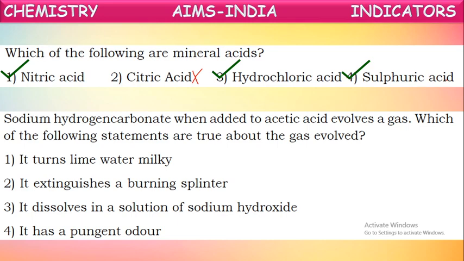On reaction with the acid, it forms salt and water. Along with these two, a gas is evolved. That gas is carbon dioxide. When metal carbonates and bicarbonates react with acids, they produce carbon dioxide gas. Now they are asking which statements are true about this carbon dioxide.